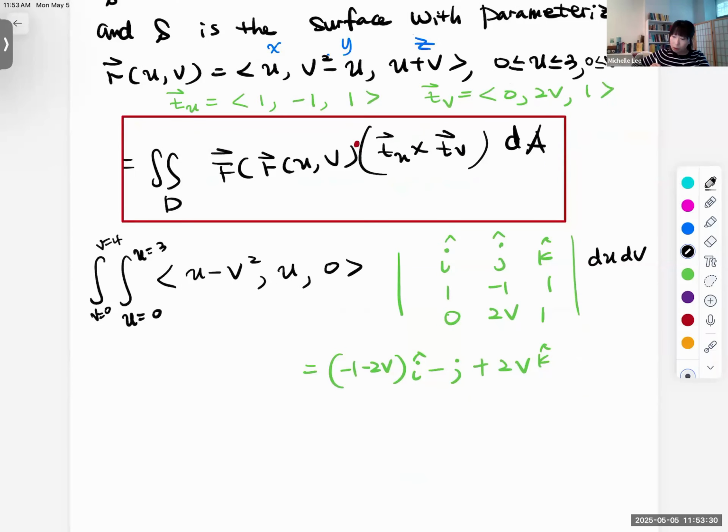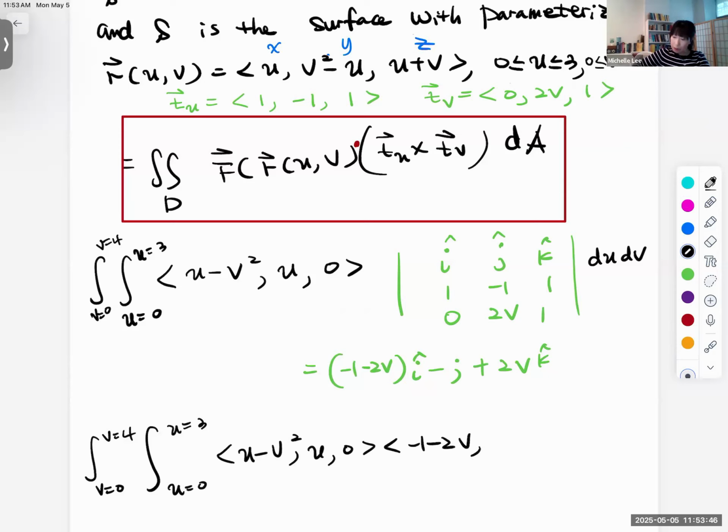So v equals 0 to 4, u equals 0 to 3. We have u minus v squared, u, 0, and negative 1 minus 2v, negative 1, and 2v, and du dv, yeah?